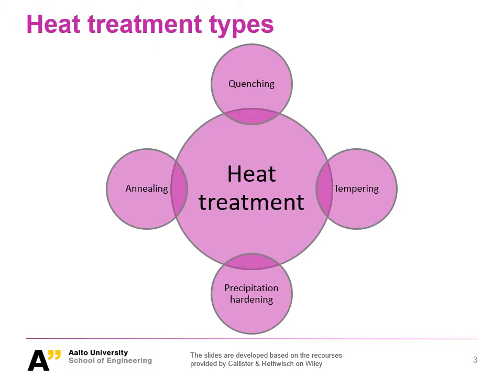So I will pick up from full annealing because we didn't manage to explain it in detail, make a comparison between that and quenching and tempering, and finally I'm going to cover precipitation hardening for you to complete today's course.